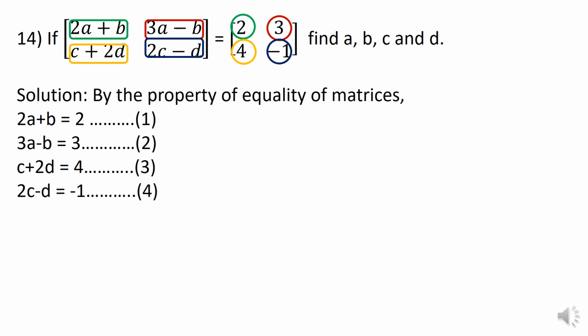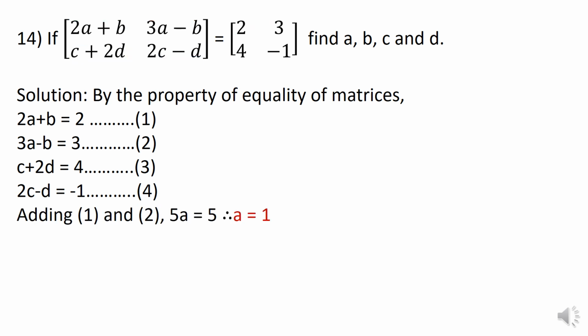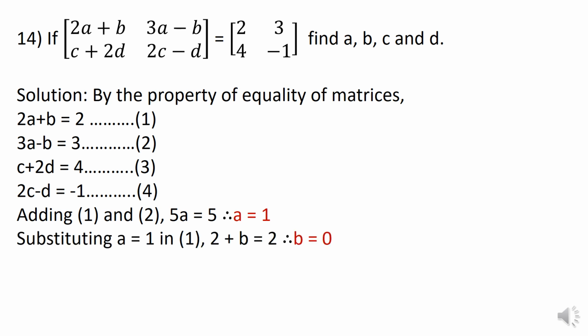Now these are 4 equations, 1, 2, 3 and 4. We can solve them in the same way like we have solved simultaneous equations. So thus, adding 1 and 2, b gets eliminated, we get 5a as 5 or a as 1. Substituting a as 1 in any equation, say in equation 1, we get 2 plus b as 2 or b as 0.